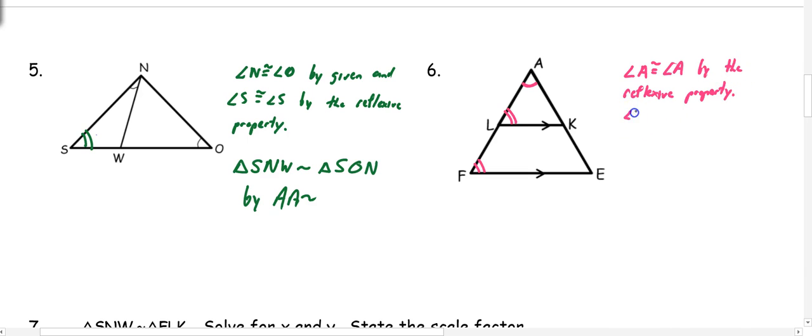And then we would also say that angle L is congruent to angle F because corresponding angles are congruent when lines are parallel.